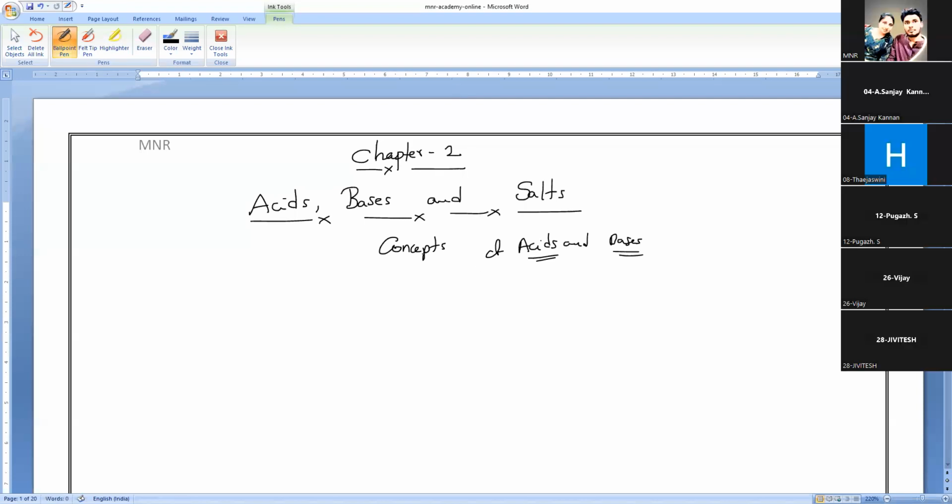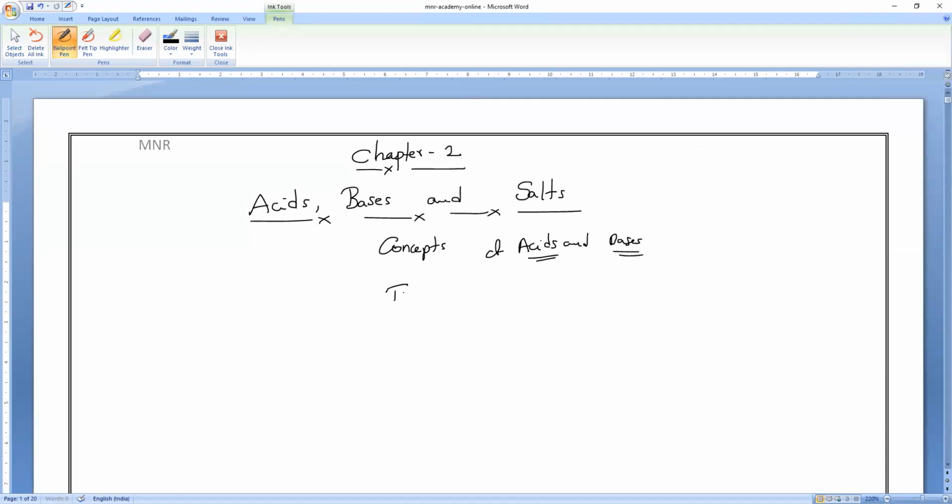Next, once you know the concepts, we are going to discuss testing of acids and bases, how we can identify them. Next, classification of acids, next, properties of acids.